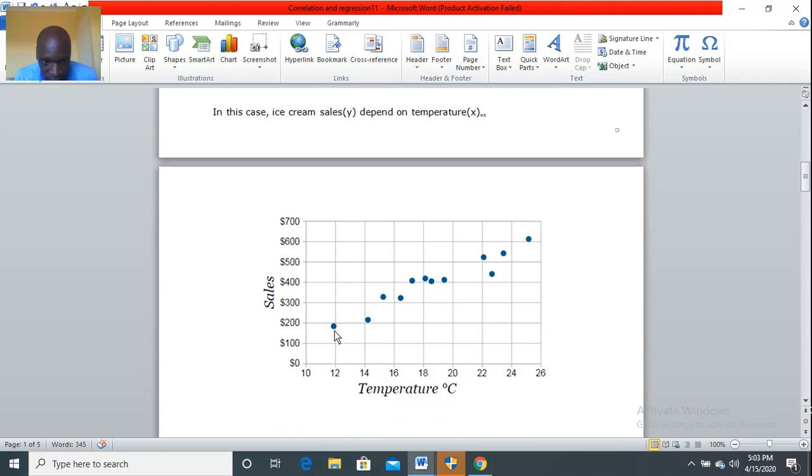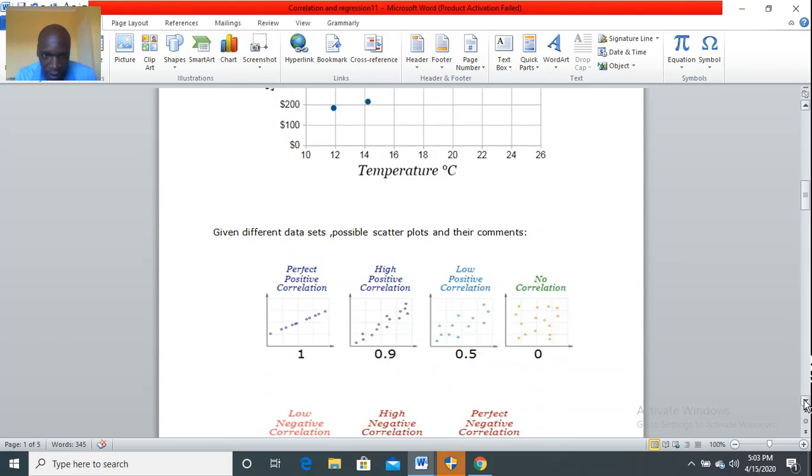As you can see, the dots are going up, so it means there is a positive relationship between ice cream sales and temperature. Now, there are possible relationships which can occur. If it's a straight line, we call it perfect positive, because it's going up, so it's positive.